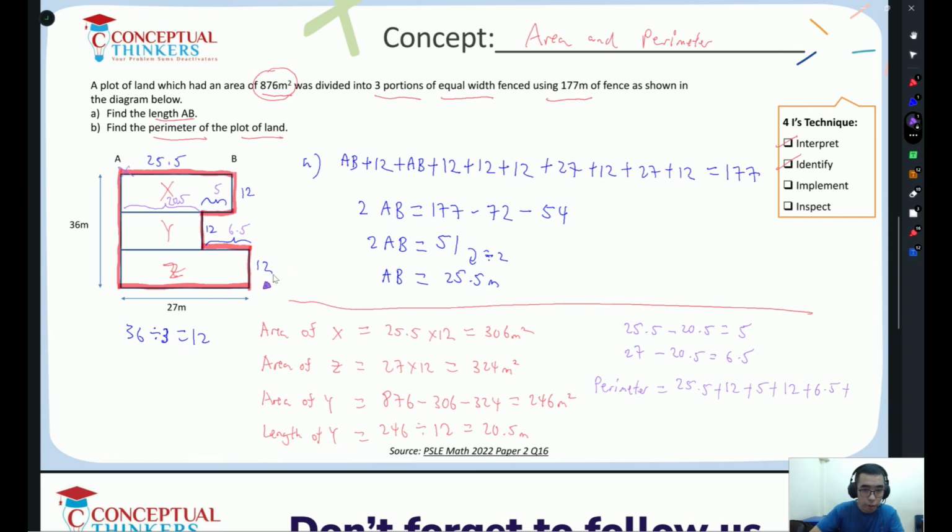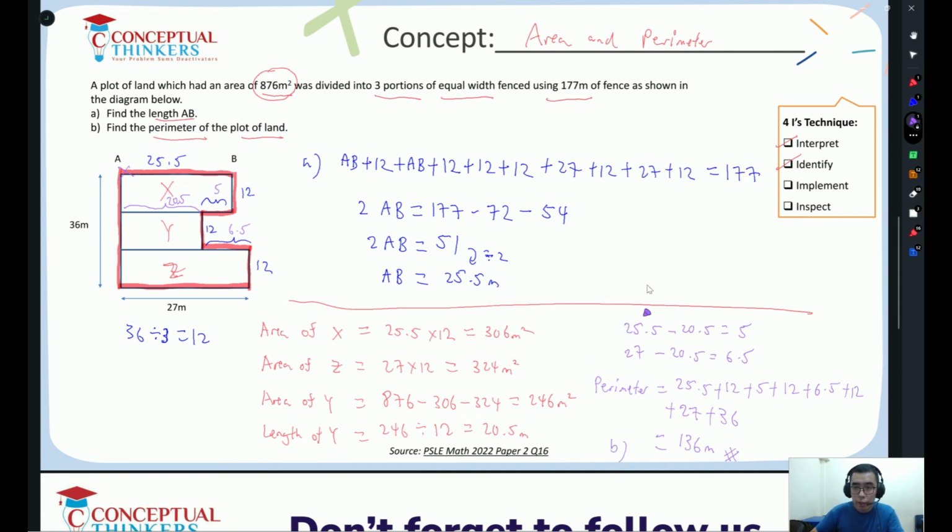So add another 12 here. Then I plus another 27 meter. Then lastly I add 36 so that I go back to my point A, which is the starting point. So this will close the loop of the perimeter, right? Now if you punch in your calculator, you should get 136 meter. So this will be your answer for part B.